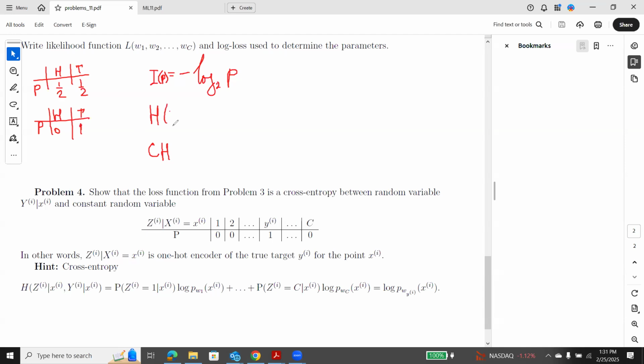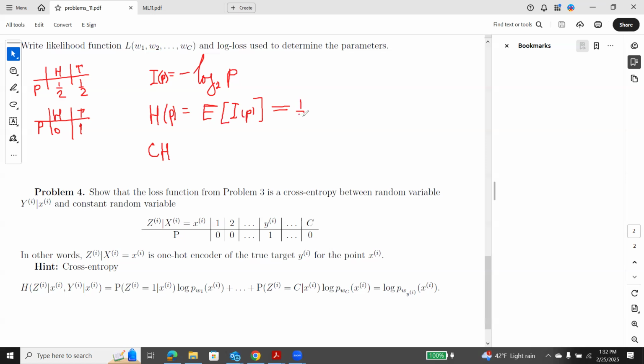So entropy is the average, or expected value, of information. Entropy is the expectation of information. Let's calculate, for example, entropy for the unbiased, fair coin. As you remember, expected value is the probability times the function of the random variable.